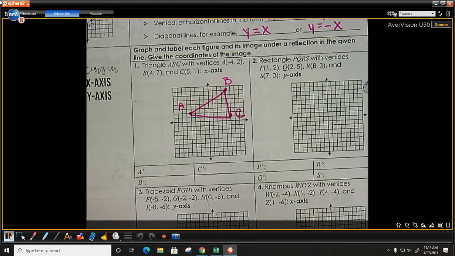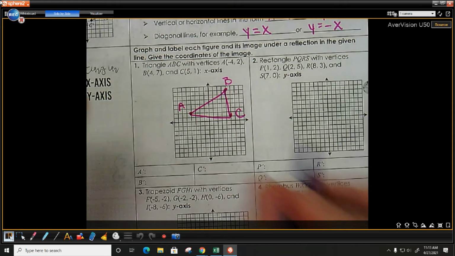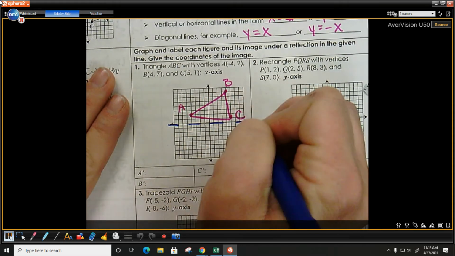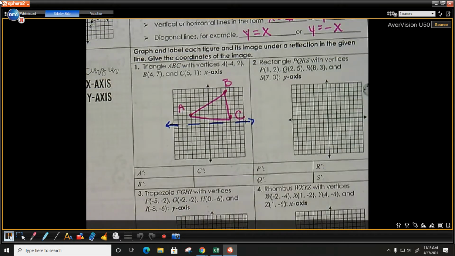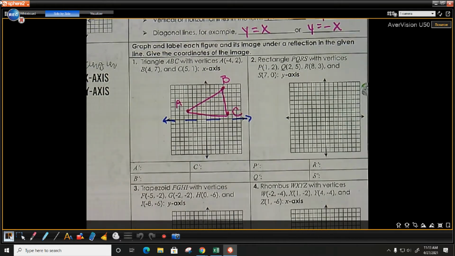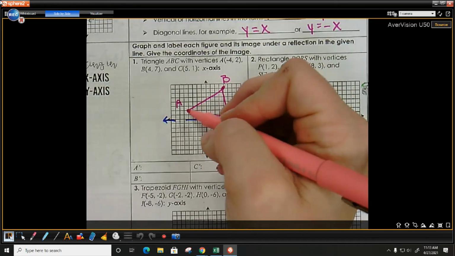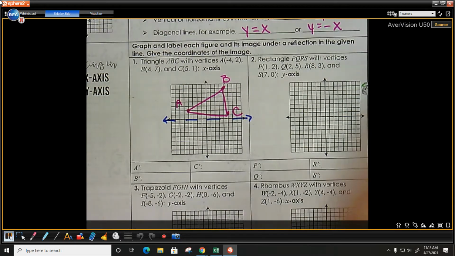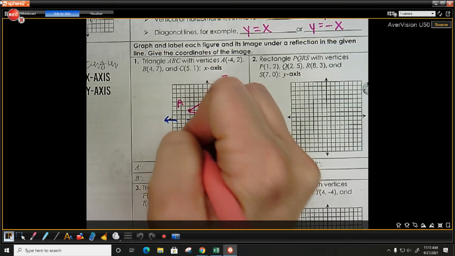Okay, so we are going to reflect over this x-axis. So how far away is point A from the x-axis? It's 2 above it, so now I'm going to go 2 below it. So there's your A prime.